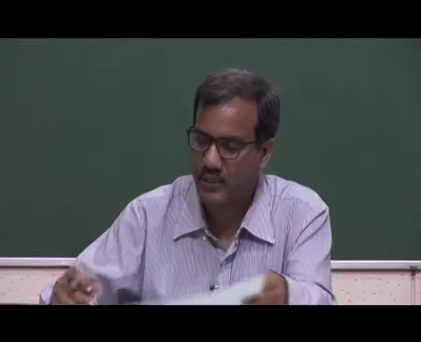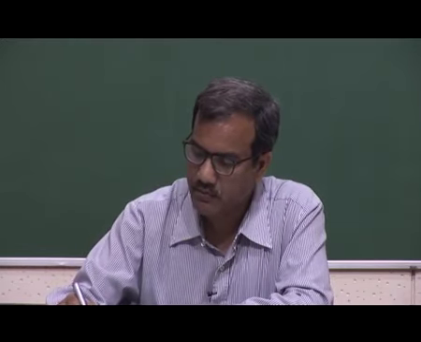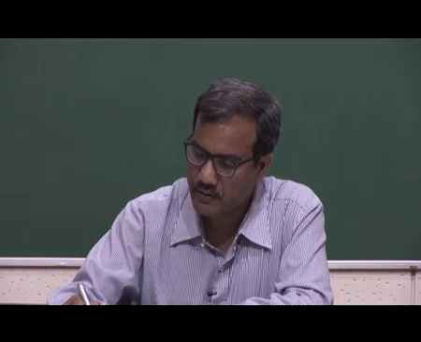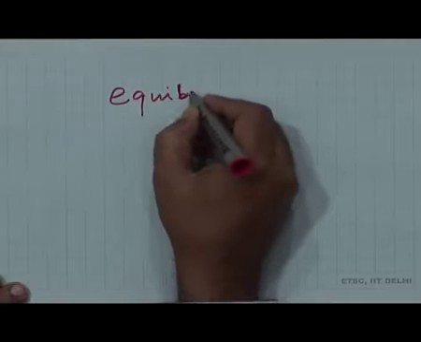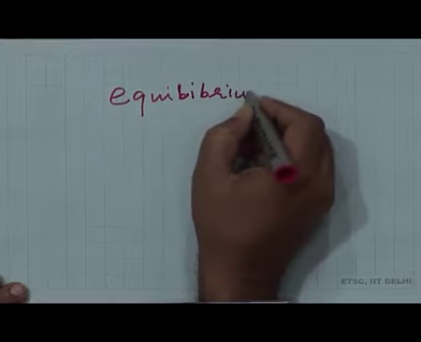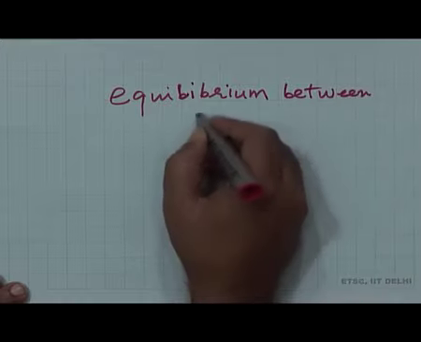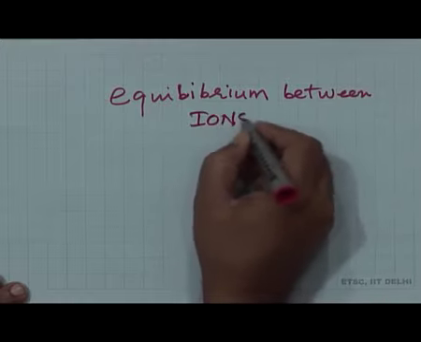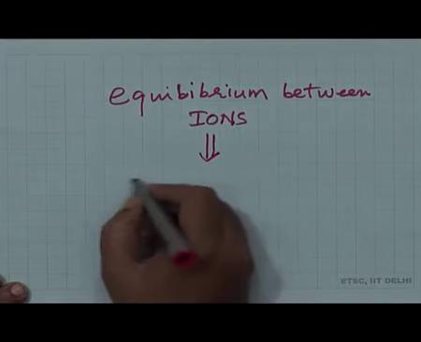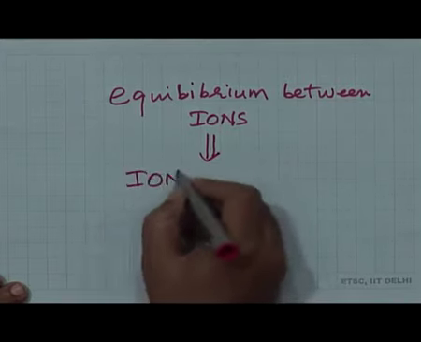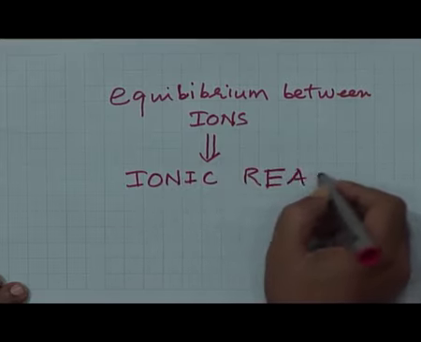So, as the name suggests, ionic equilibrium is basically equilibrium between ions, and certainly this can only be achieved when there is an ionic reaction.